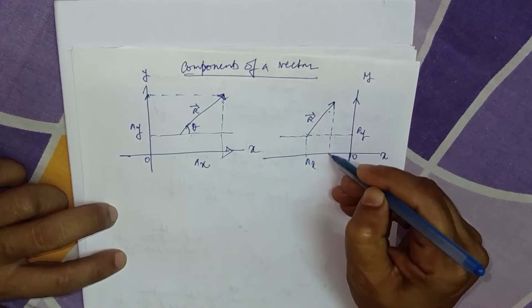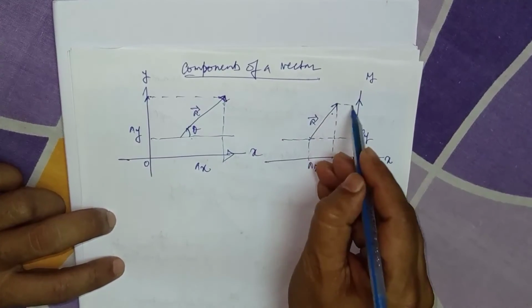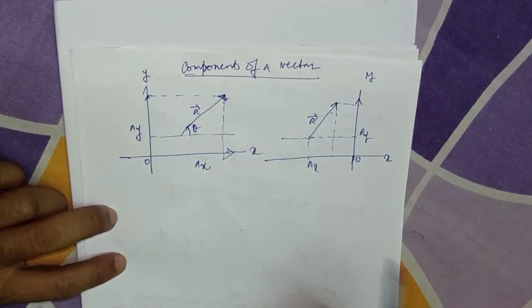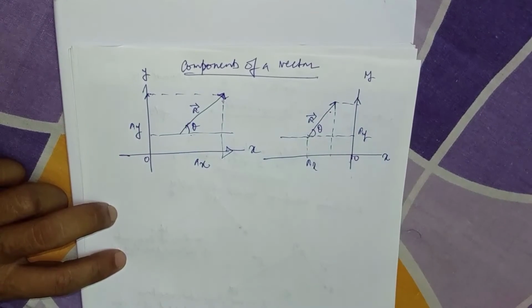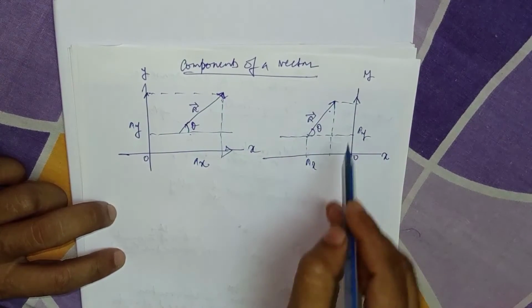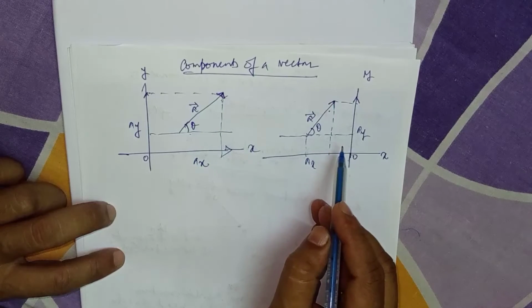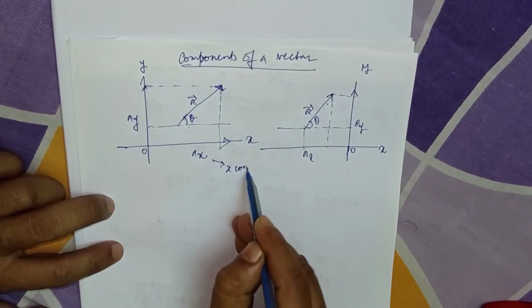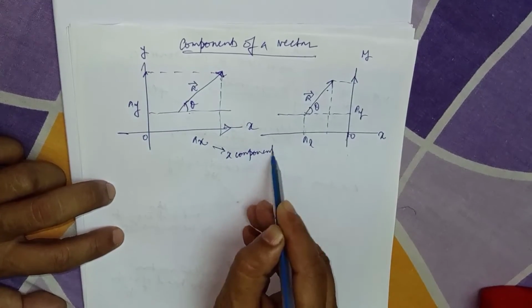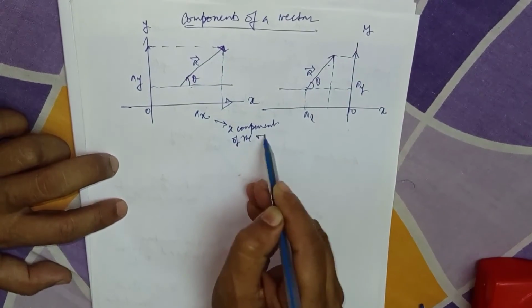what we can do, this and this we can add. So this part will again make an angle theta, as we know earlier. So these are the component vectors. This is the x component of the vector, and this is the x component of the vector.